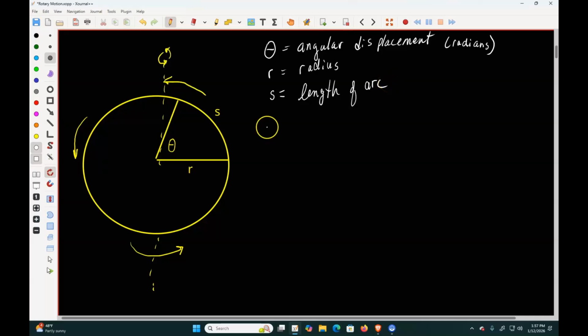So we can say that theta is going to be the length of the arc divided by the radius.